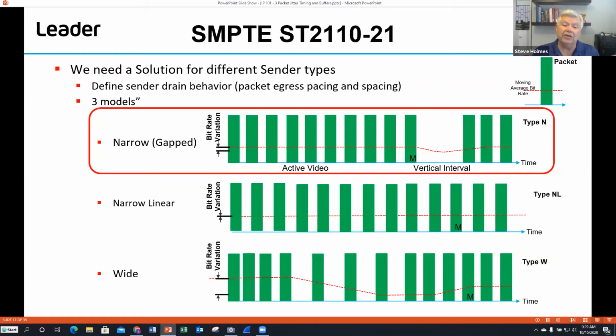It already looks like it's in trouble almost. So you have to have much wider buffers in your receivers to be able to handle that. If you've got receivers that were made for either narrow linear or narrow gap systems, and someone puts a wide sender on there, you may have receiver issues, and you may not be able to decode the video correctly.